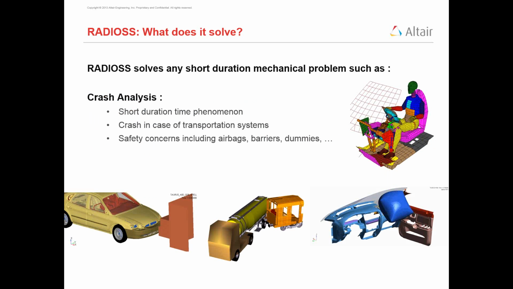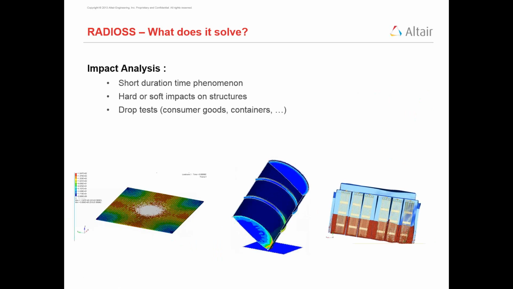If you look at the different areas where we use RADIOSS, I mentioned crash. You can see on your left side here frontal and back offset. The railroad industry also uses RADIOSS. You also use RADIOSS for occupant airbag analysis, and also dummies. There are many dummies for RADIOSS. We also have barriers developed for RADIOSS, and these applications can be used for short duration crash and transportation systems.